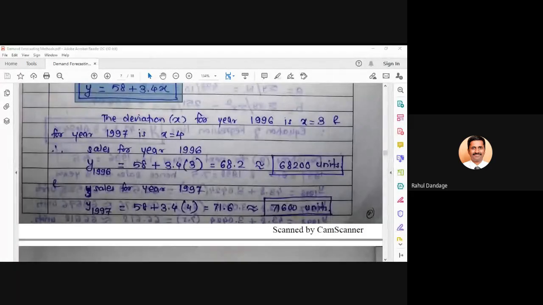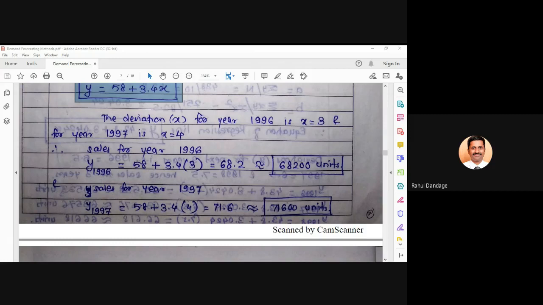Using the values of x equal to 3 and 4, you can see y for 1996 is equal to 58 plus 3.4x. Now the x value for 1996 is 3. So we substitute the value of x as 3, and if you calculate, you will see it is 68.2.